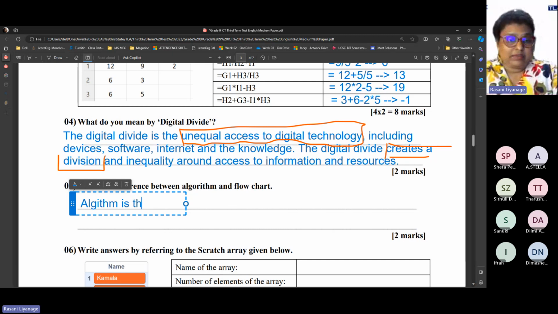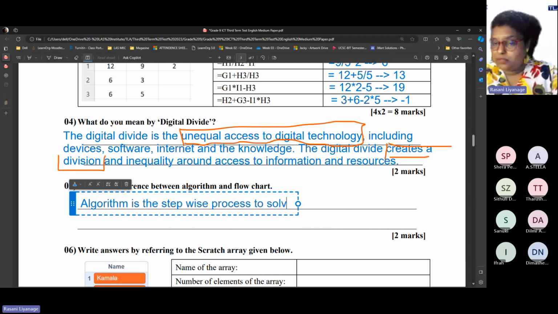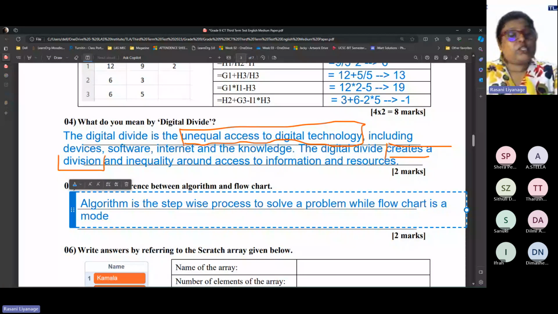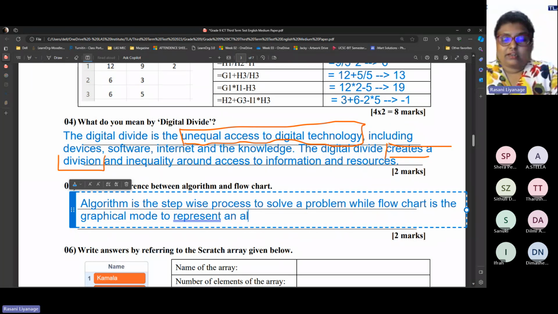Algorithm is the stepwise process to solve a problem, while flowchart is the graphical mode to represent an algorithm.